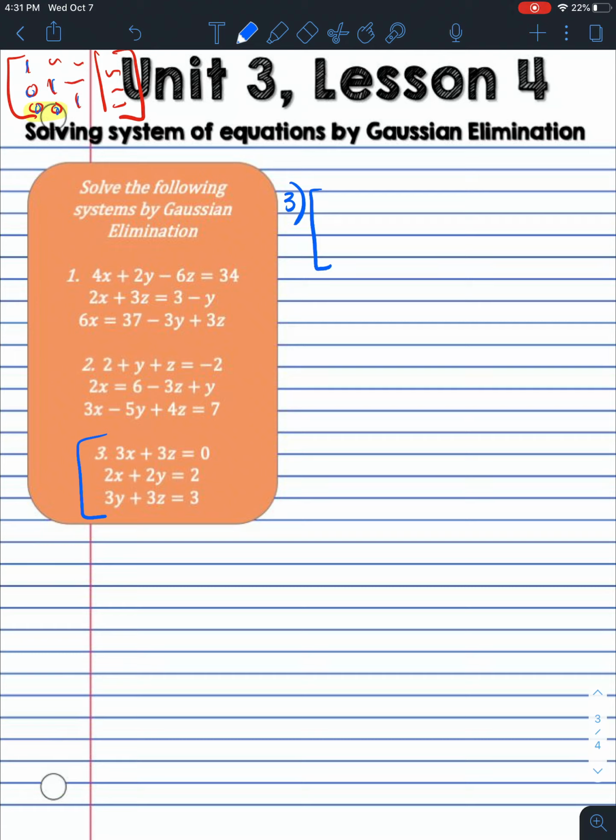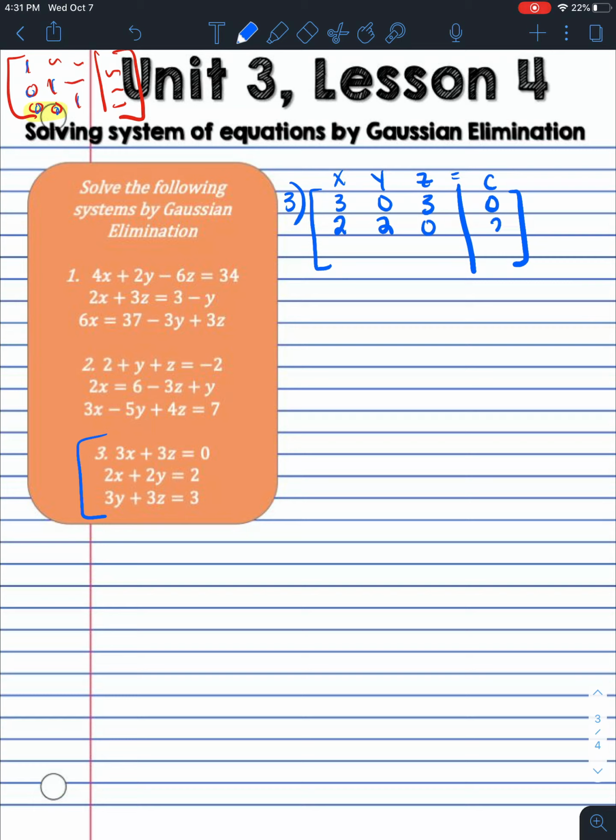Okay, so number 3, we want to set this up. So we set this up the other day. I don't think I set it up with you guys. I did in class. So remember, we want to put our x, our y, and our z's. This is like our equal sign, and then we have our constants. So my first equation, I have 3x. I don't have a y, so that's like saying 0y plus 3z equals 0.